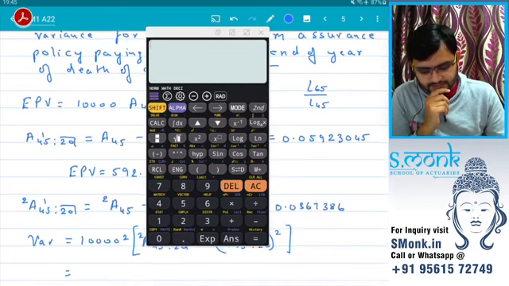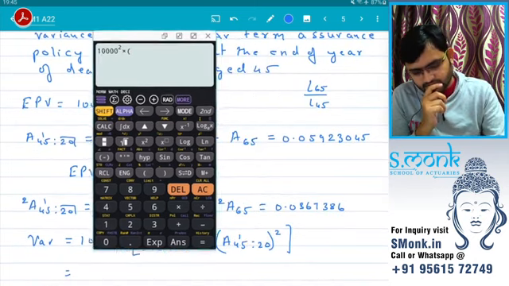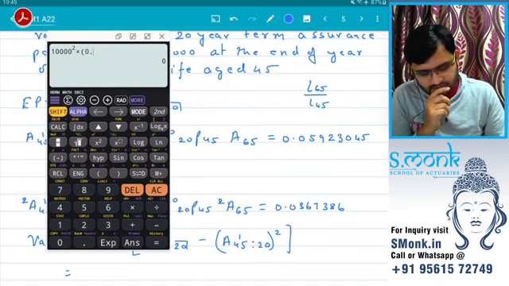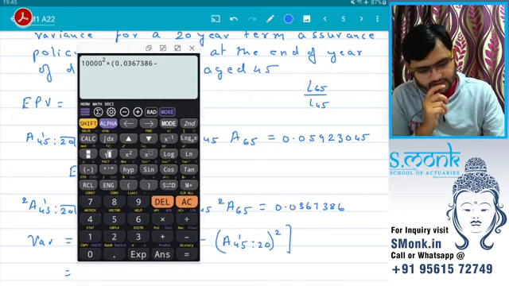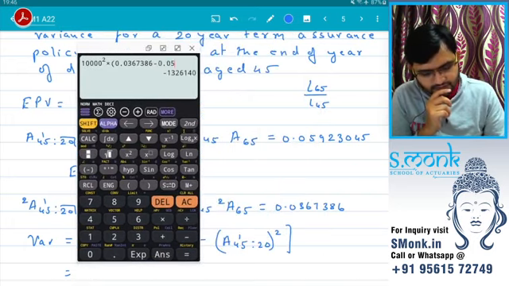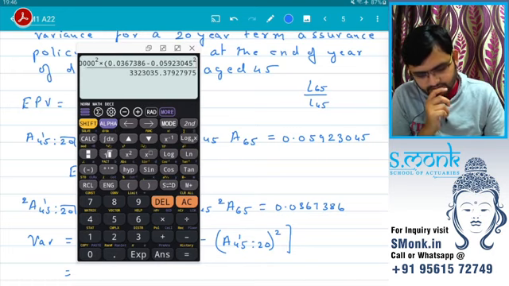Okay, so 10,000 squared into, this is 0.03686, minus this value was 0.0592345 squared.